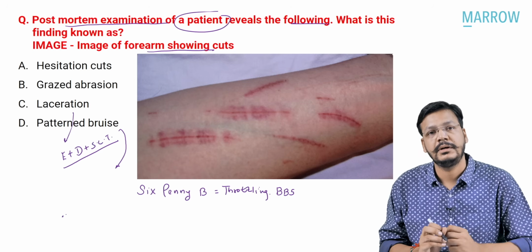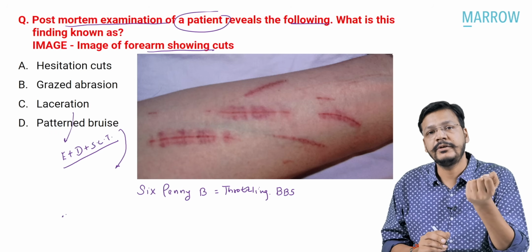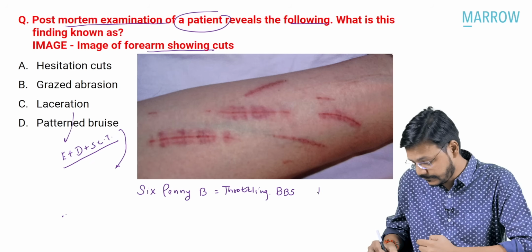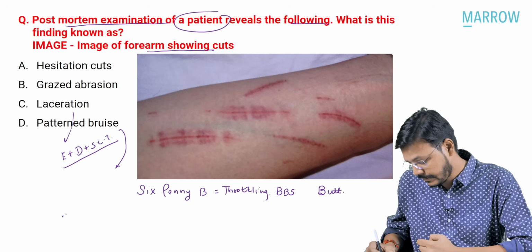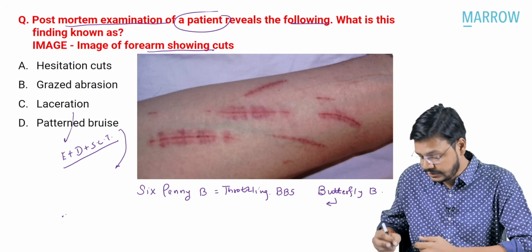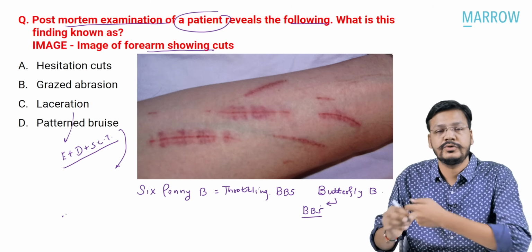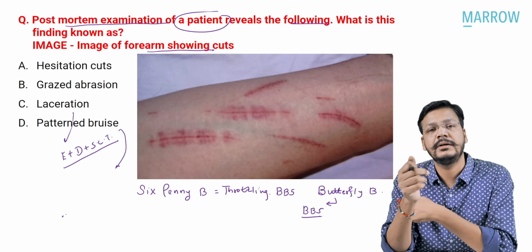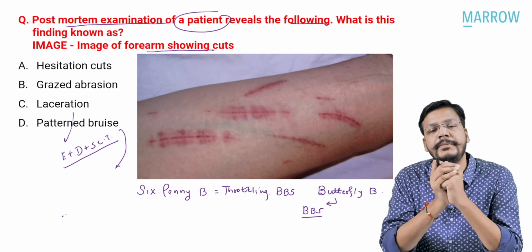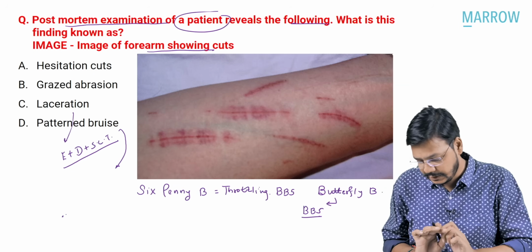One more important type of pattern bruise is the butterfly bruise, also seen in battered baby syndrome. Pinching of the baby will produce the butterfly bruise. So laceration and pattern bruise are ruled out.